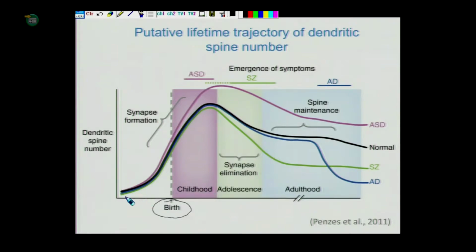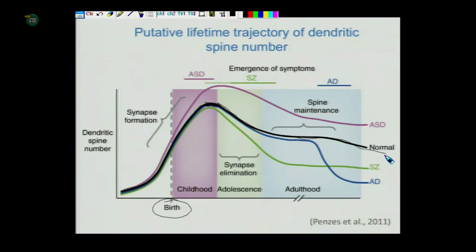You can see there's a very quick increase in the number of synapses in the visual cortex, and it peaks around the border between childhood and adolescence, 11 to 14 years old.